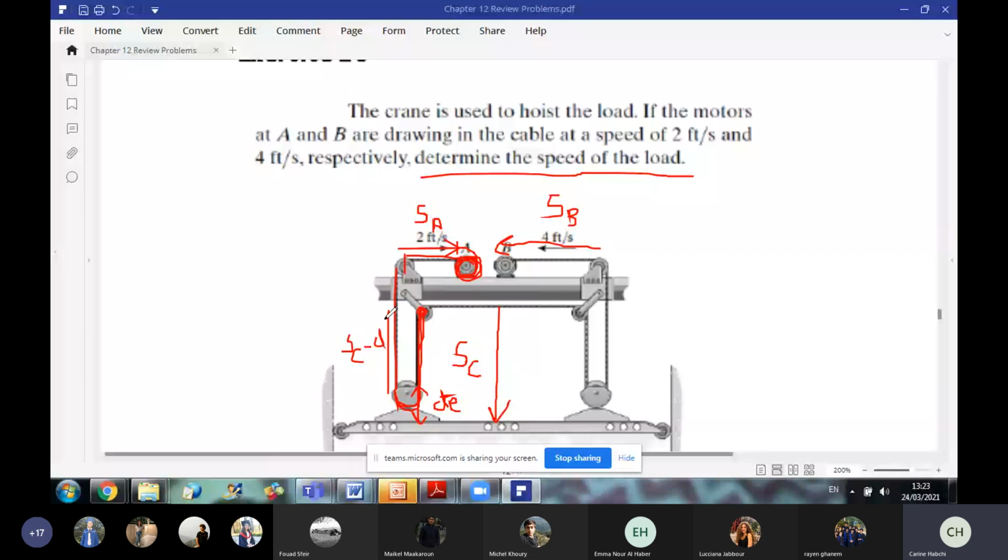And this distance from here to here is a constant, so I can include it with all the constants in the problem. You can call it H if you want. H is constant, so when you derive, it will not be included.